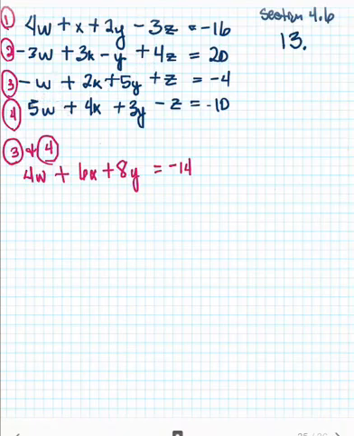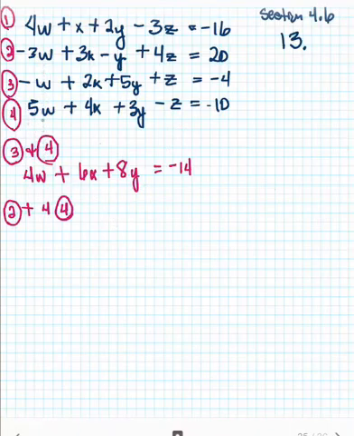What if I do this? What if I take equation 2 and add it to 4 times equation 4? I think that's going to work also, isn't it? Yeah, because look, I'll get 4z and negative 4z. See, it'll knock my z's out.